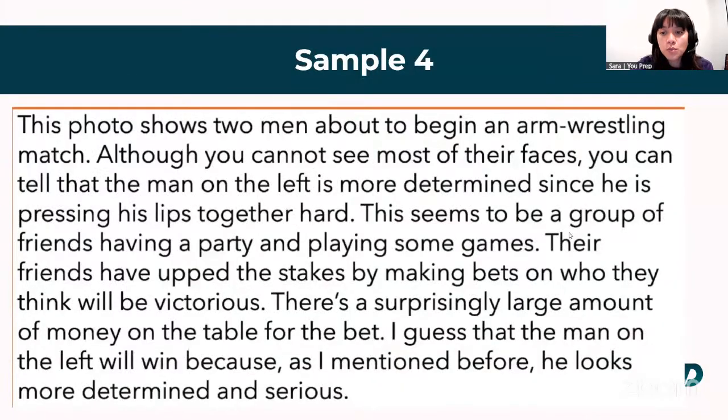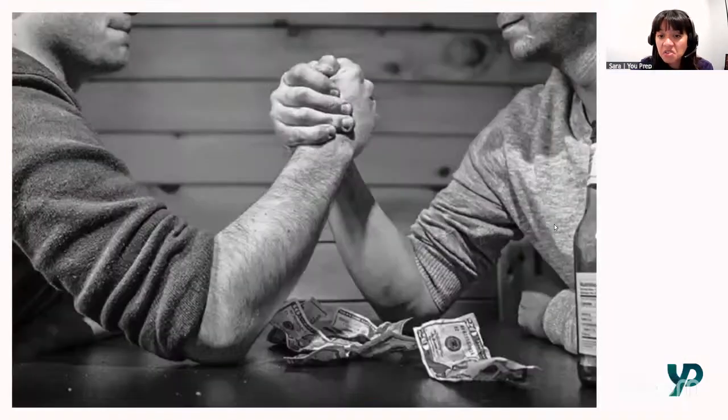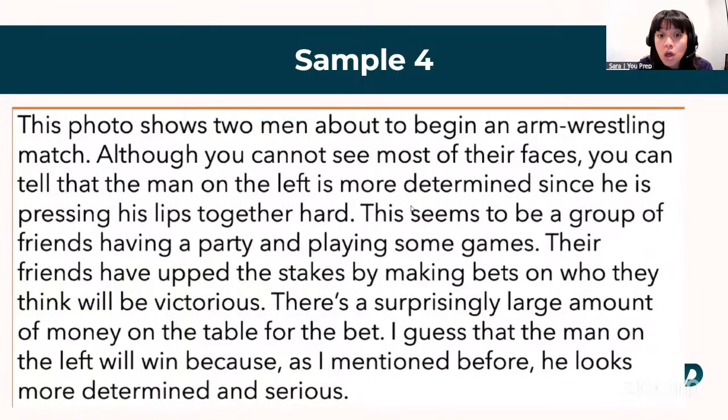This seems to be a group of friends having a party and playing some games. And does it really look like that? We don't know, but this is the inference, what the person is guessing. That's why the person is using "this seems to be." Their friends have upped the stakes by making bets on who they think will be victorious.